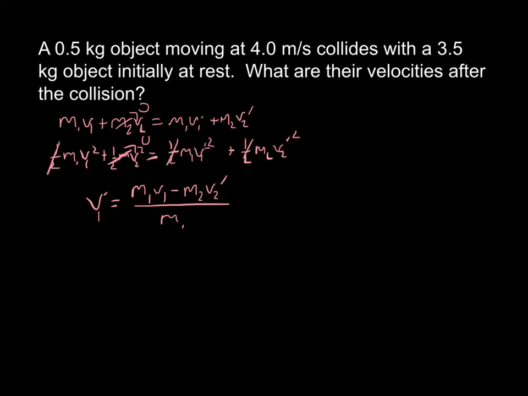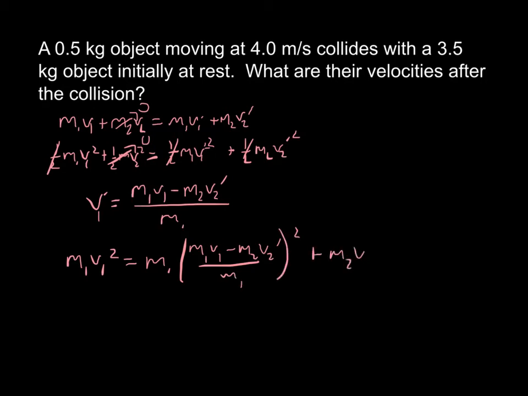And so I have m1 v1 squared equals m1, and now I'm going to substitute this expression in for v1 prime squared: m1 v1 minus m2 v2 prime over m1, squared, plus m2 v2 prime squared.